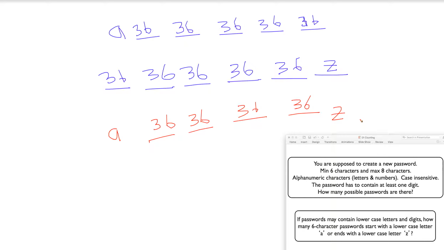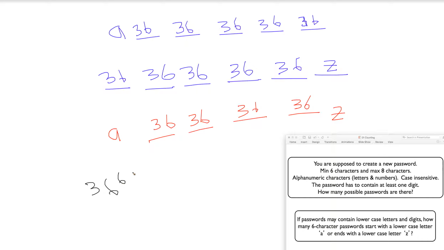So then what is the number that we are looking for? It will be the number of passwords that start with A and the number of passwords that end with Z, and at the same time we're going to remove the ones that are double counted. So in that case, the total number is going to be 36 to the power 6, which is coming from the first row.